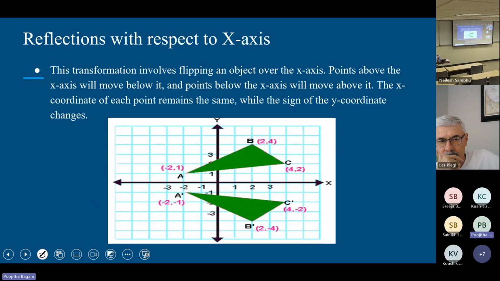And coming to the reflection with respect to the x-axis, this transformation involves flipping an object over the x-axis. Here we can see this image got flipped with respect to the x-axis, and if we observe, the x-coordinate of each point remains the same, but the sign of the y-coordinate changes.